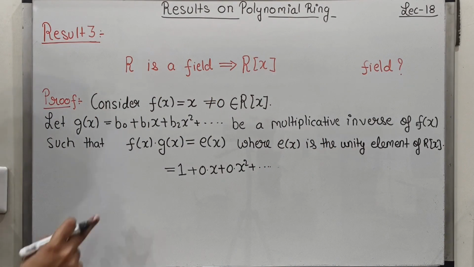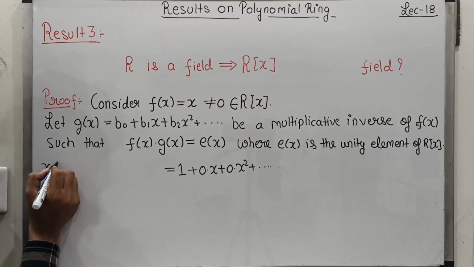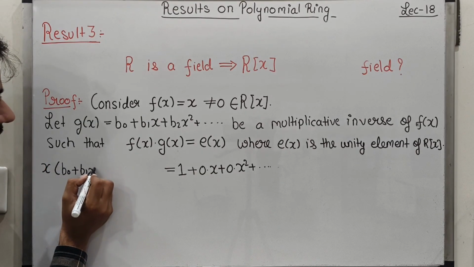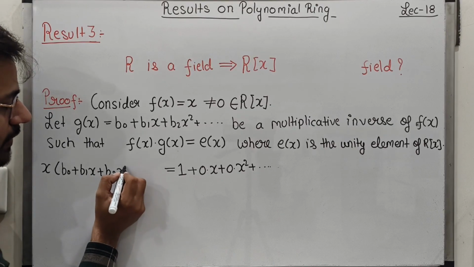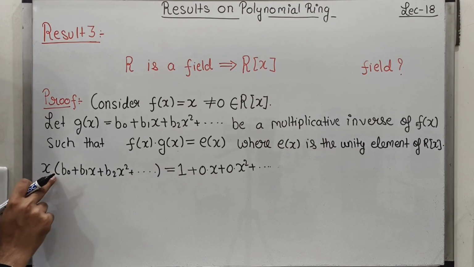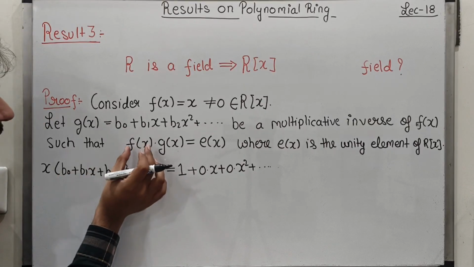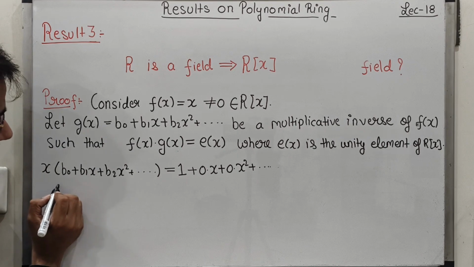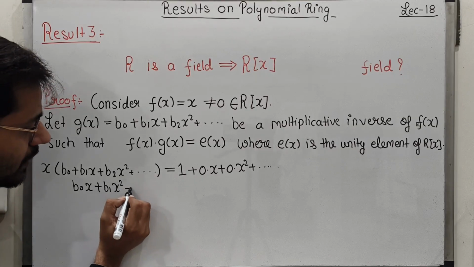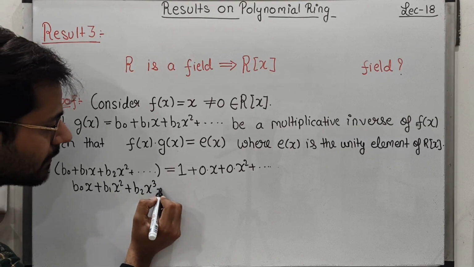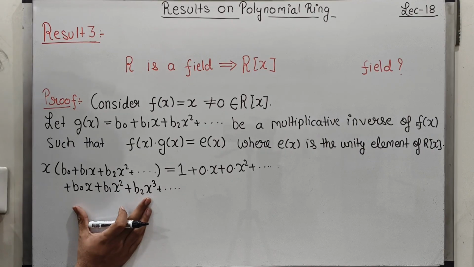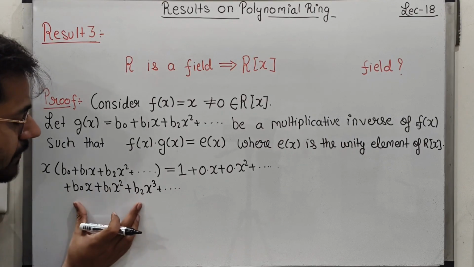Now if you see, f(x) is x and g(x) is a polynomial b0 plus b1x plus b2x square plus so on, and if we multiply x with each term of polynomial g(x), we get b0x plus b1x square plus b2x cube plus so on. And on the left hand side, there is no constant term mentioned.